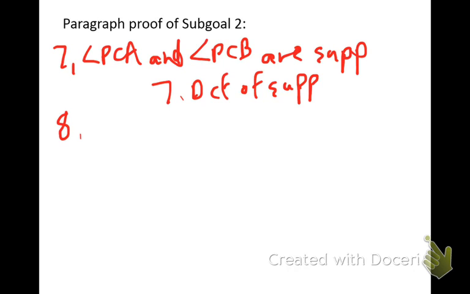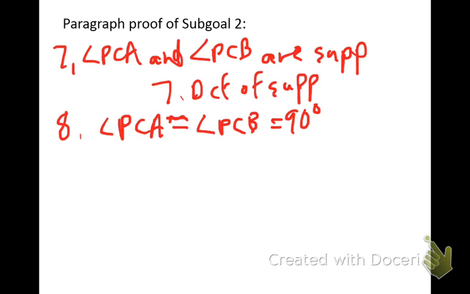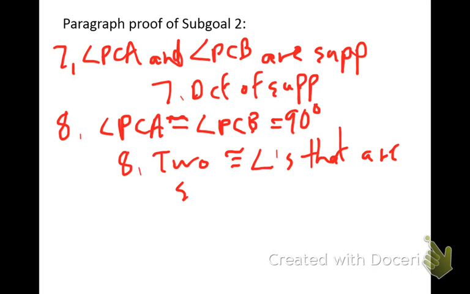Step 8: we now know that angle PCA is equal to angle PCB, and they both equal 90 because we have the theorem that says two congruent angles that are supplementary are right angles.